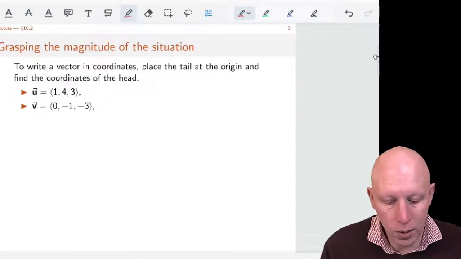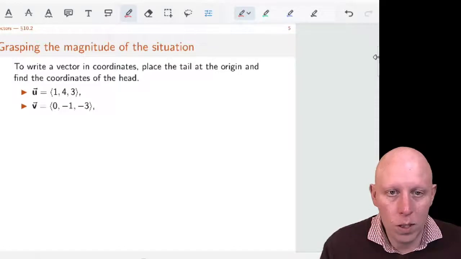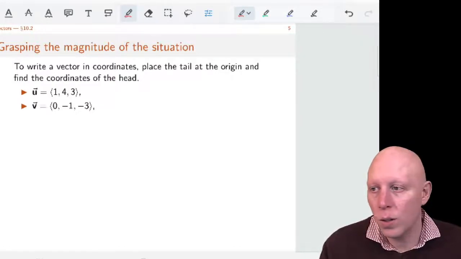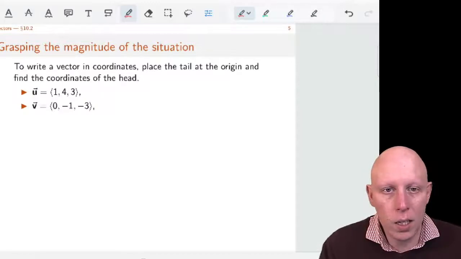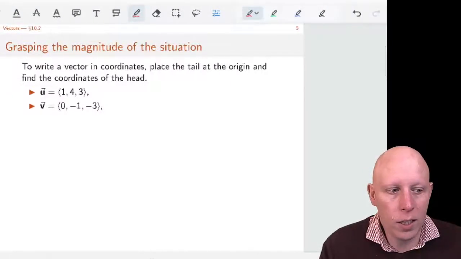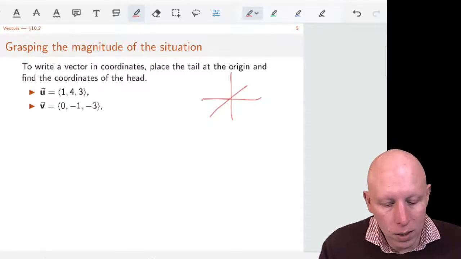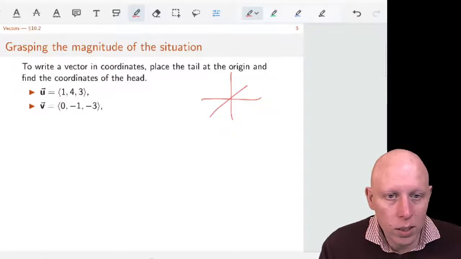All right, and so I kind of already said this, but I'll just quickly say it again. How do you compare a vector to the set of coordinates?